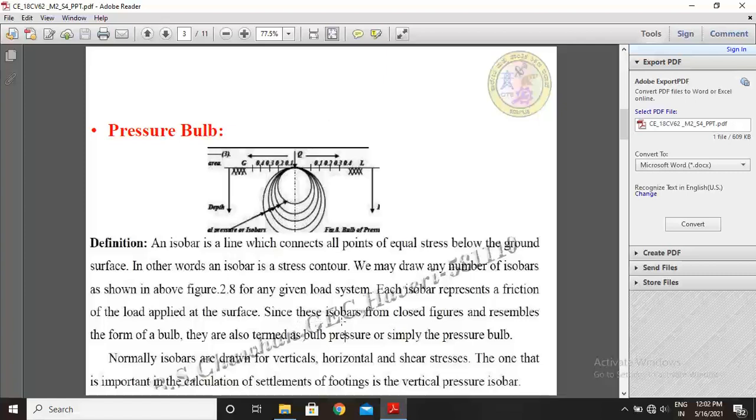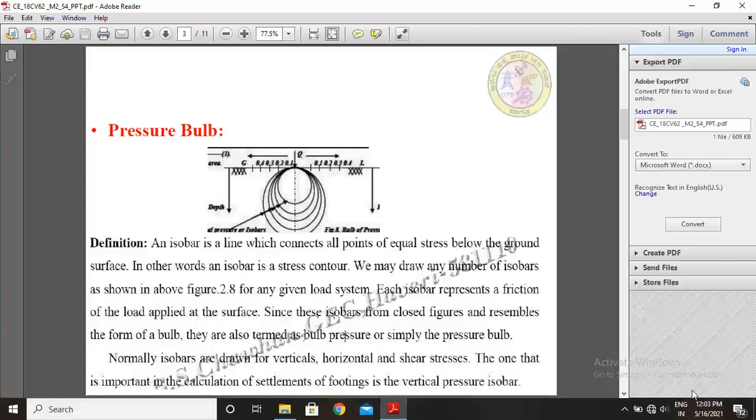For any given load system, each isobar represents a fraction of the load applied at the surface.